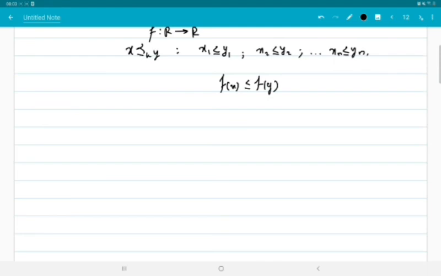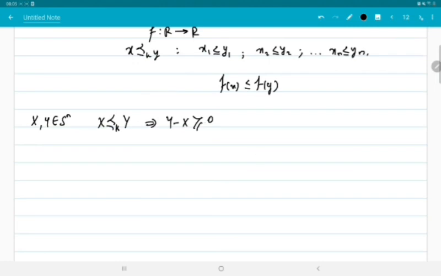For example, if we have symmetric matrices Sn, we say that something is matrix monotone if you have two matrices x and y, both belonging to the family of symmetric matrices on n dimensions, and y minus x, suppose, is PSD.